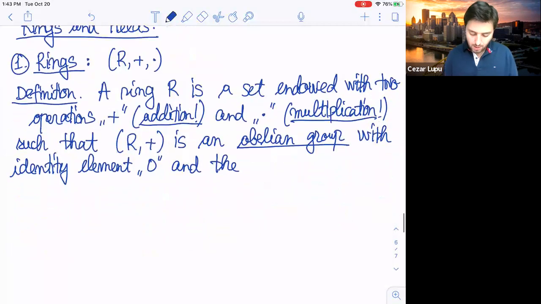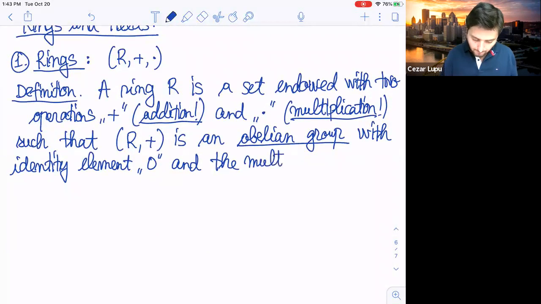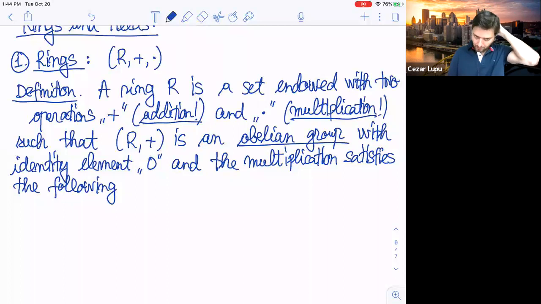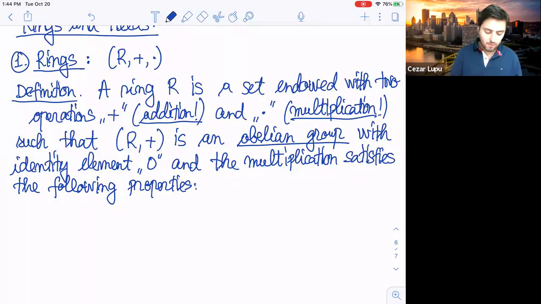And the multiplication satisfies the following properties. Okay, so these two properties that I mentioned are the following.